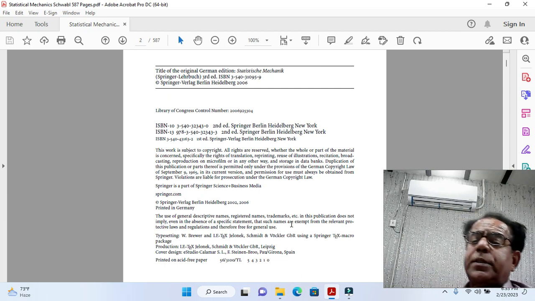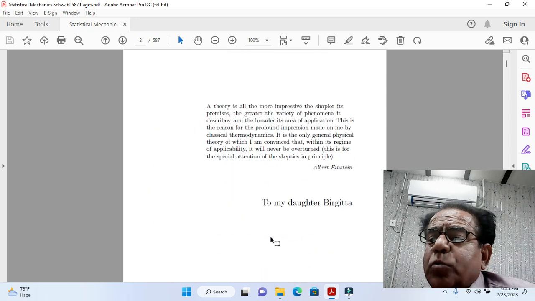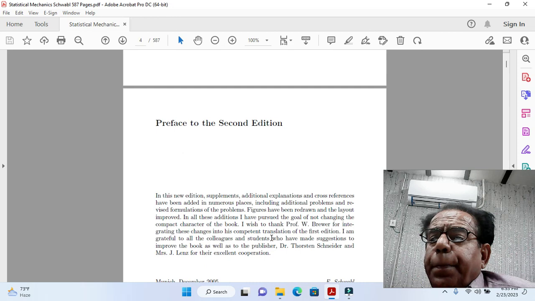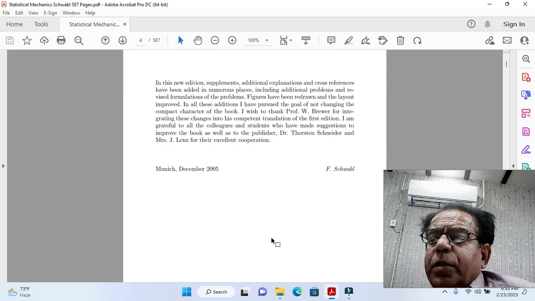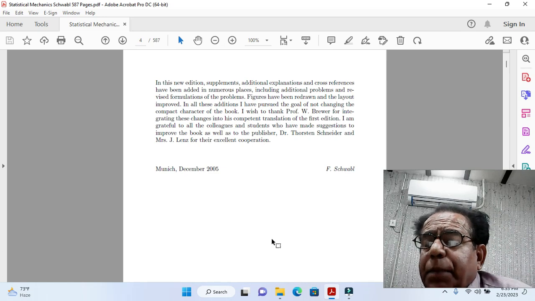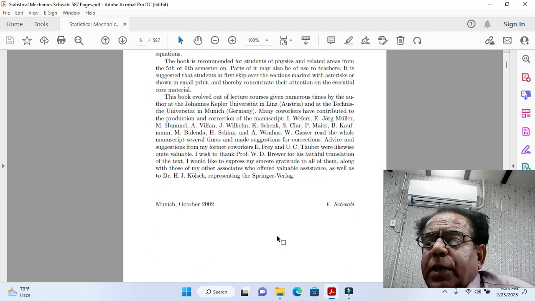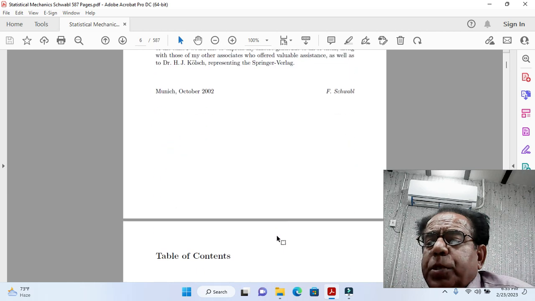Okay, two editions: the first edition in 2002 and the second edition in 2006. The preface to the second edition was written in December 2005, while the preface to the first edition was written in October 2002.